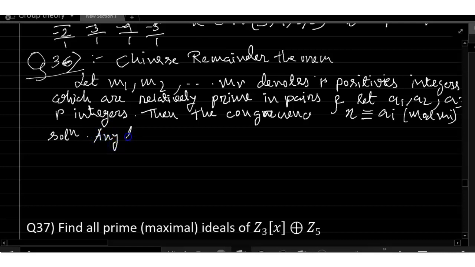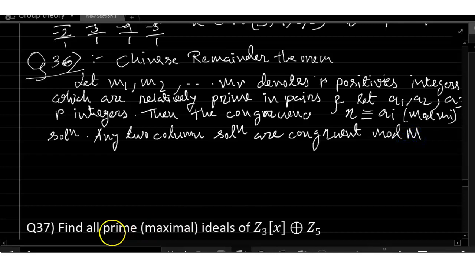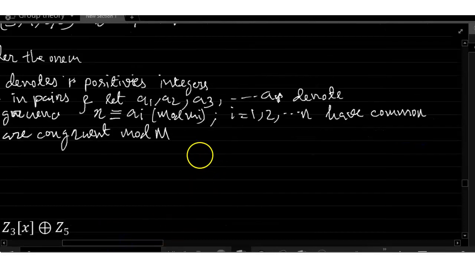Any two solutions are congruent mod M, where capital M equals m1 m2 ... mn.